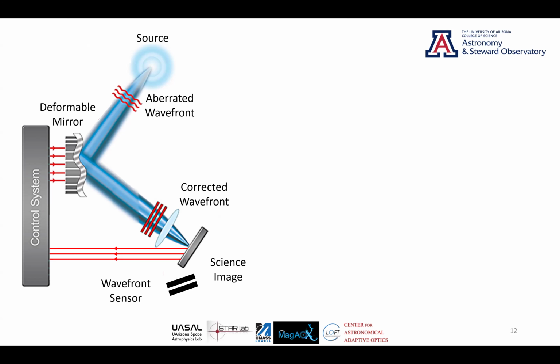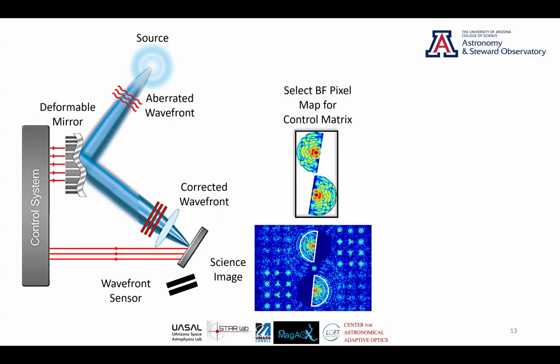For LDFC, you see this very strange image given to us by the vector apodizing phase plate, the APP coronagraph. Step one is to select the bright field pixel map that we're going to use as our wavefront sensor to create our control matrix. It's a little more complicated than this, but for this talk I'm not going into it.